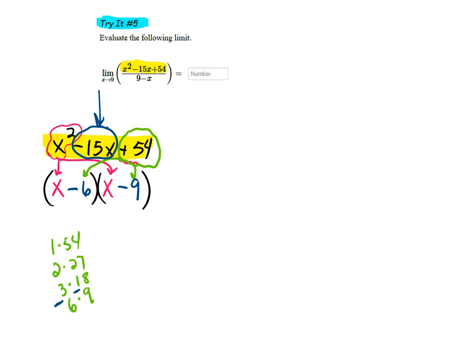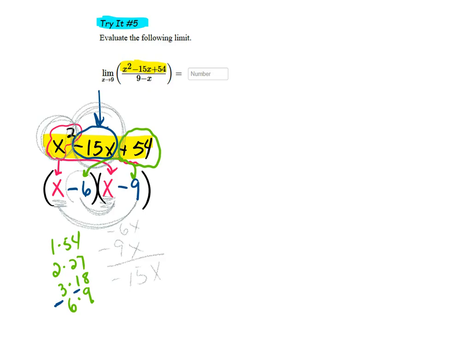Because remember, when you FOIL this, you take first times first, which gives you your first term. And then you do outsides, which would be a negative 9x, and insides, which would be a negative 6x, and that combines to be the negative 15x right here.